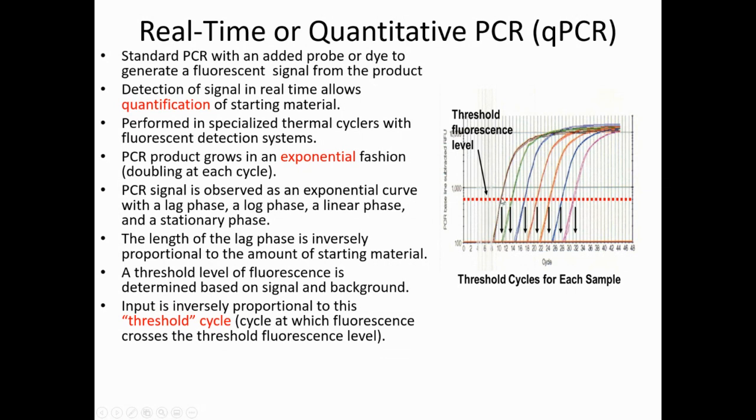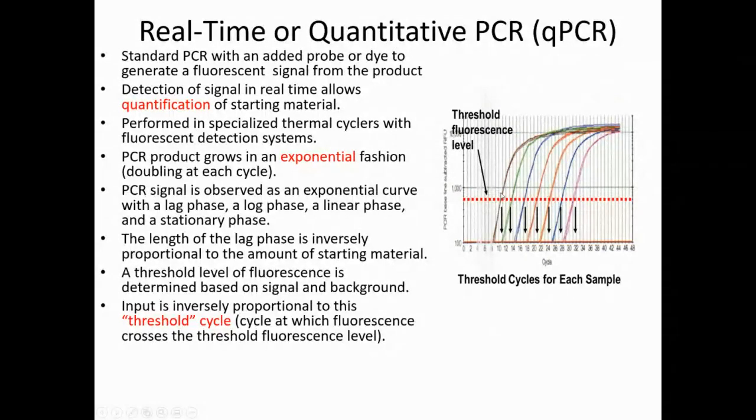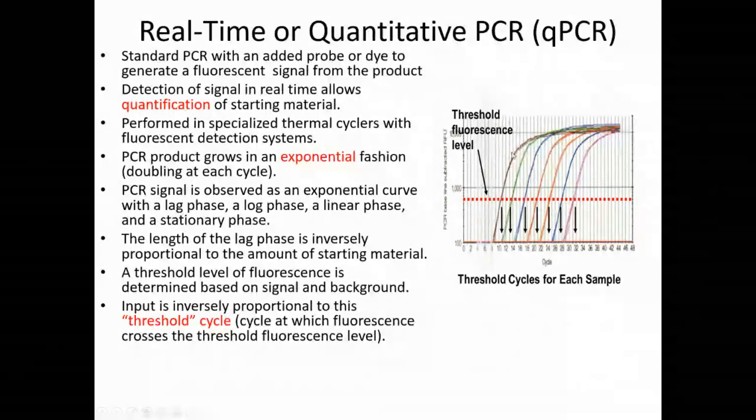It means that at that cycle, for that specific reaction, the machine detects the presence of amplicon product above the background. That's the place where they call the threshold cycle. This is the fluorescence signal the machine detects.